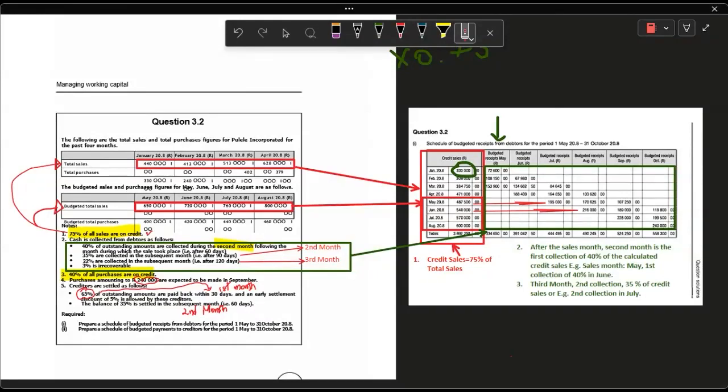So there is a portion of this 440,000 that is cash, which is only 25%. 75% is on credit, where we agree with our debtors that after the month where you take things on credit, in the second month you must pay us 40% of what you owe us. The third month, you must pay us 35% of what you owe us. And the last month, the third month, you must pay us 22%.